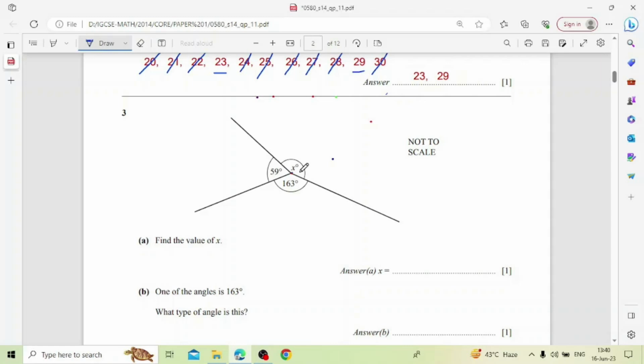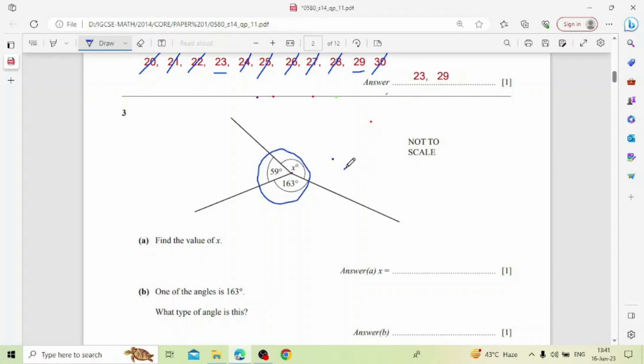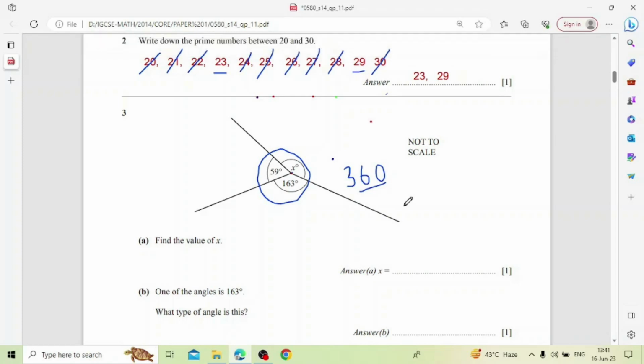Here we have to know the basics of angles. So when these line segments are meeting like this, the circle which is formed over here is always how much? As you know, it is 360 degrees. So when you add all these 3 angles, it should be 360. A circle is always 360 degrees.